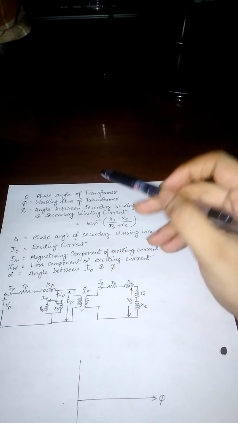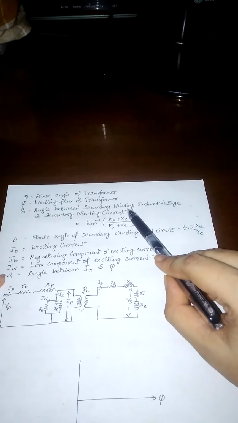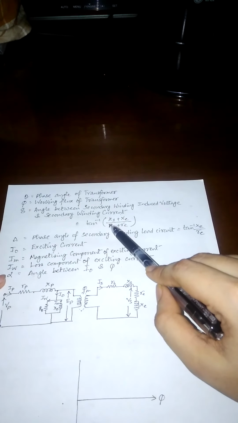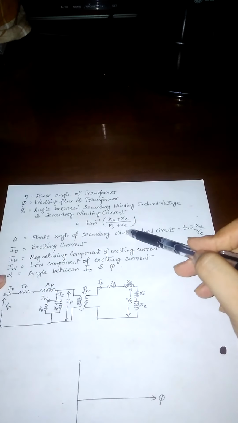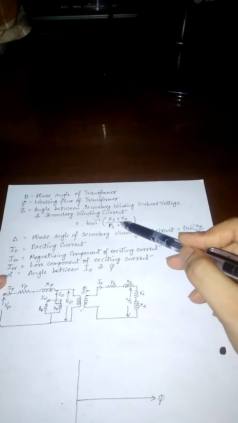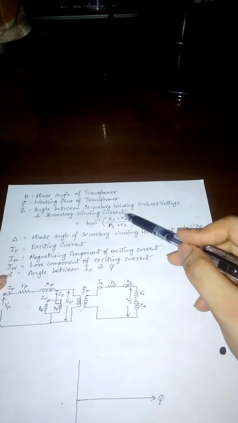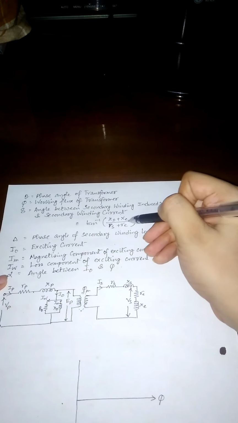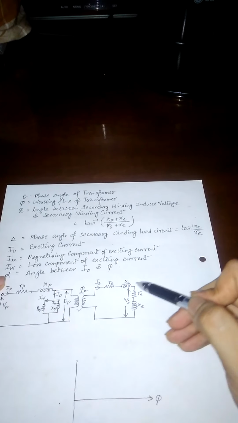Now when we consider this angle between the secondary winding voltage and secondary winding current, from the concepts of our circuit theory, we know that this phase angle can be written as tan inverse of X divided by R. The X is the total reactance of the secondary winding, XS and XE. Here you can see the circuit diagram.